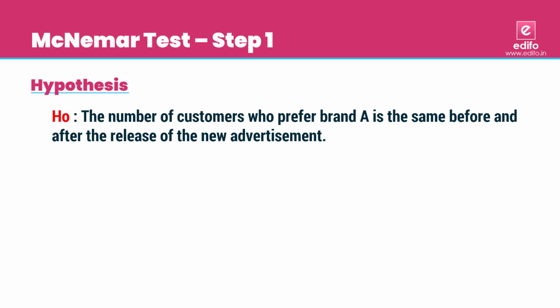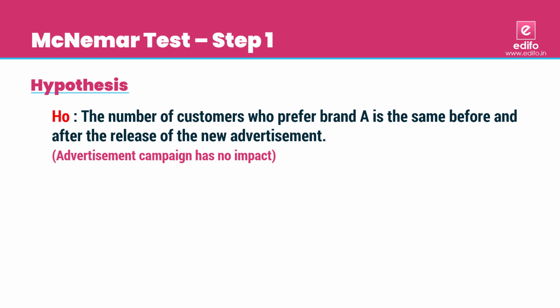That means the advertisement campaign has no impact. The customers are not increasing after the advertisement campaign. There is no shift that you can see after the advertisement from other brands to brand A. This is our null hypothesis. That means there is no change before and after the advertisement campaign.